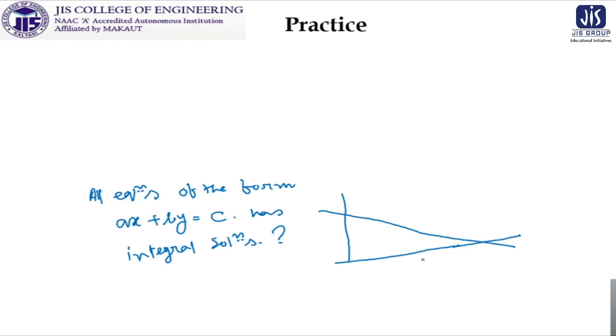It may be the case that it goes through 5 and 6, so at this point it is not cutting any integral solutions. Similarly, suppose it is also two integers, m and m plus 1.